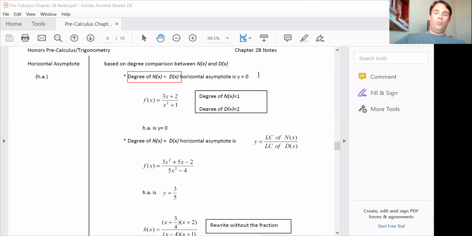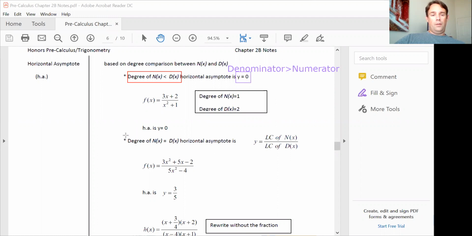So what you remember here is denominator is greater than numerator. When the denominator is greater than the numerator, we're talking about degree here. The denominator is greater than the numerator. The horizontal asymptote is y equals 0.